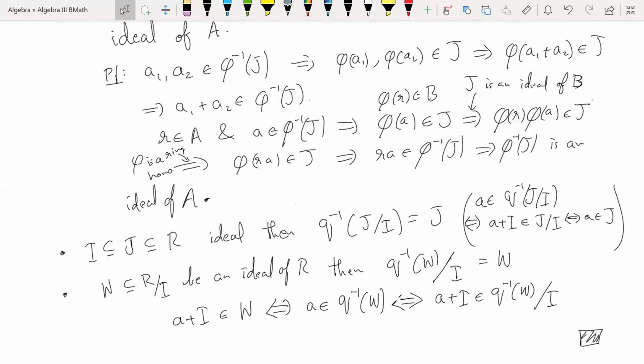So let's start with an ideal J of R containing I. Then of course J mod I is an ideal of R mod I. We just have to check that Q inverse of J mod I gives you J back. So we just have to prove this equality, and that's done in the bracket.